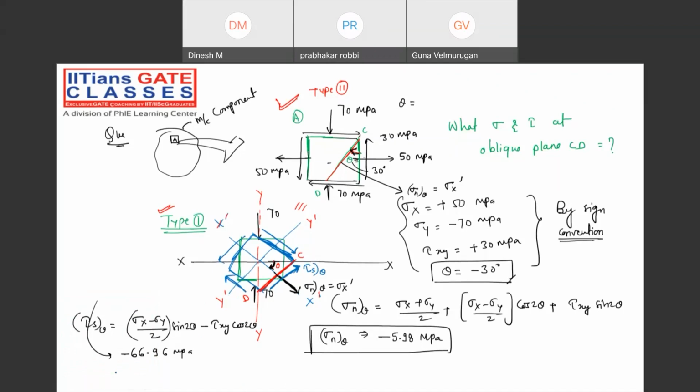All of you are understanding or not? Check it out, guys. Here, sigma x is coming to be negative. That means the direction must be opposite. All of you getting my point?